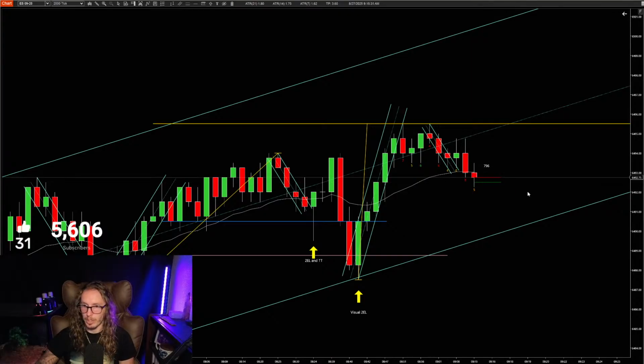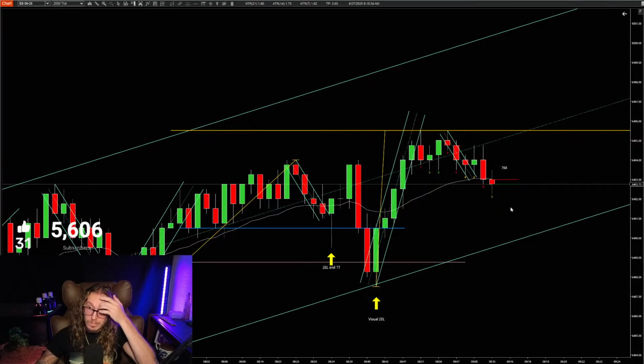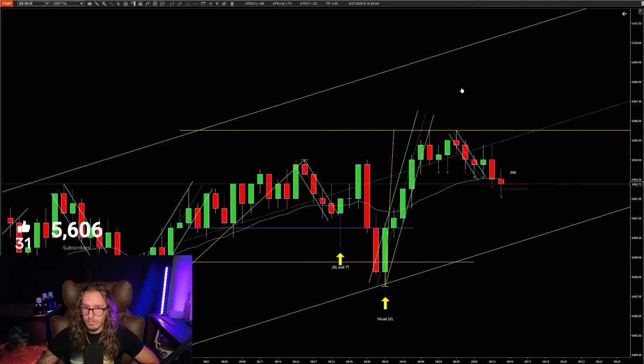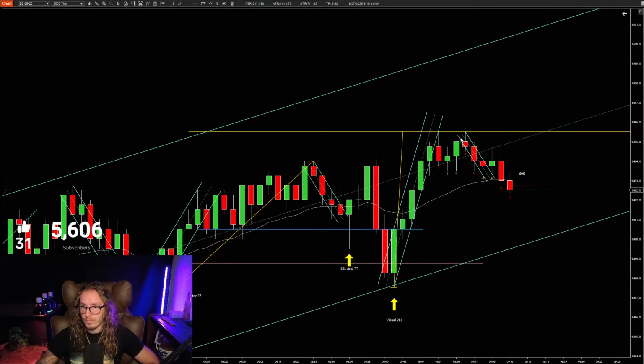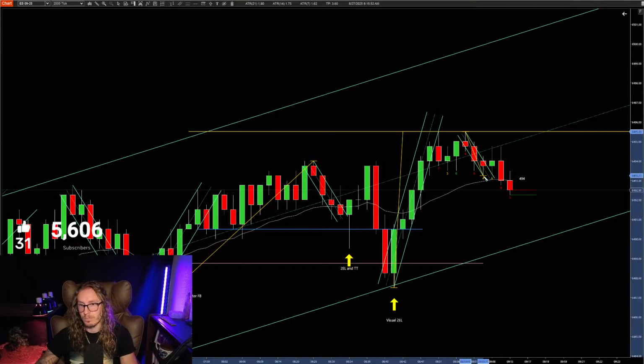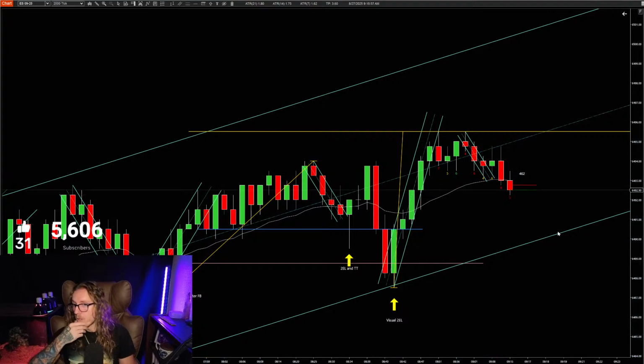All right, let's see what we get here. There's a two-legged correction, but it's still pretty bearish right now. It could still finish. It could close bullish.